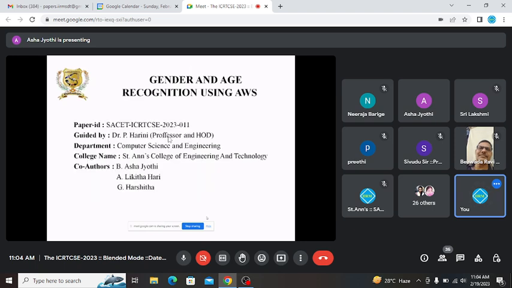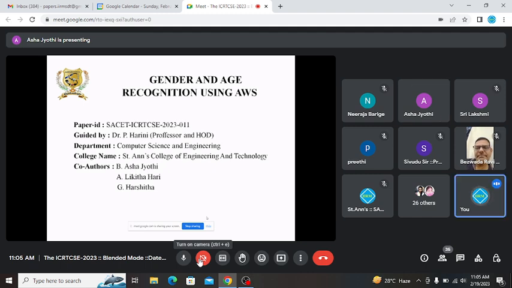Gender and age recognition using AWS. Are you using any algorithm for the recognition process? Yes, sir. It uses Amazon pre-trained models for face detection and recognition, and it uses computer vision techniques to analyze the image.